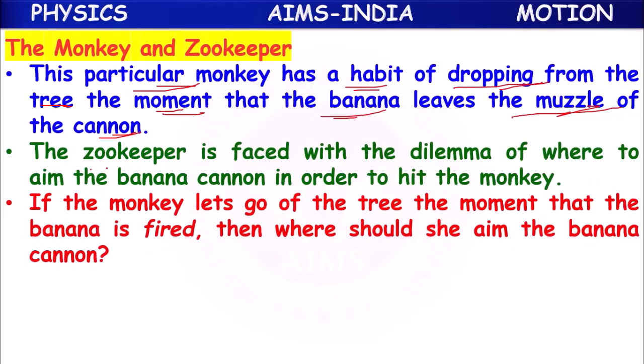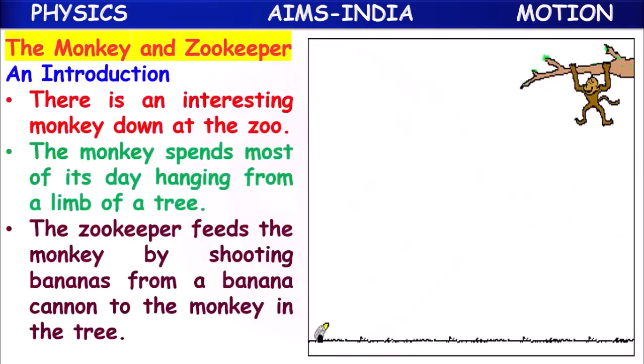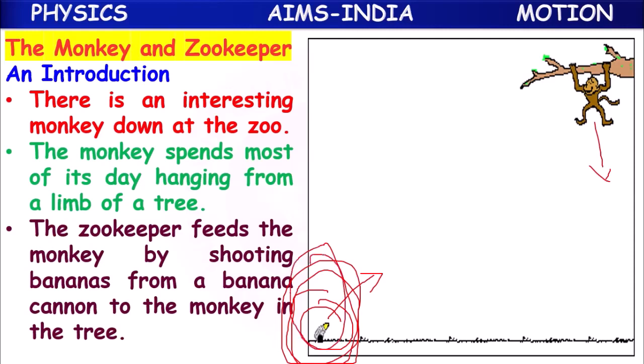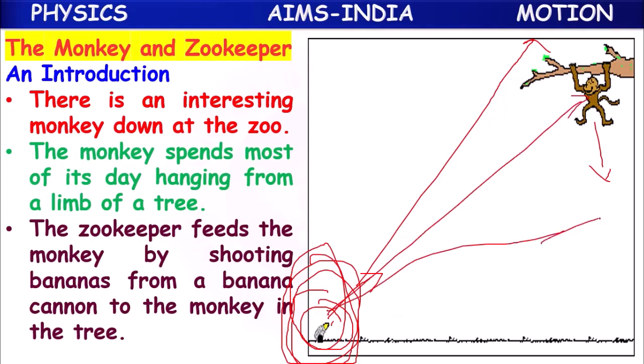So the zookeeper is faced with the dilemma of where to aim the banana cannon in order to hit the monkey. If the monkey jumps as soon as the zookeeper fires the cannon, the zookeeper is in a dilemma. He is in doubt whether to shoot the banana above the monkey, directly towards the monkey, or below the monkey.